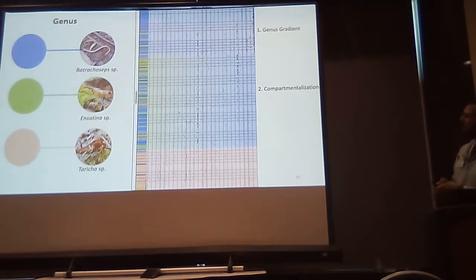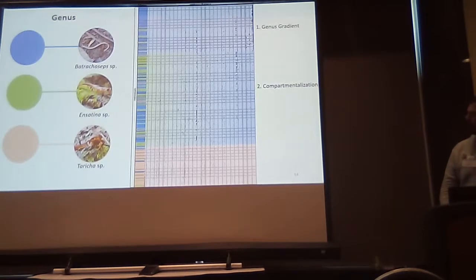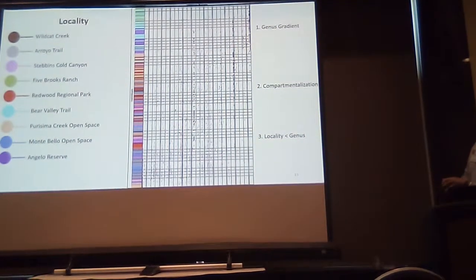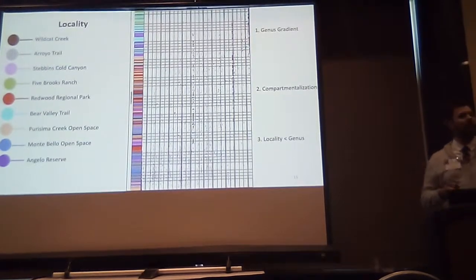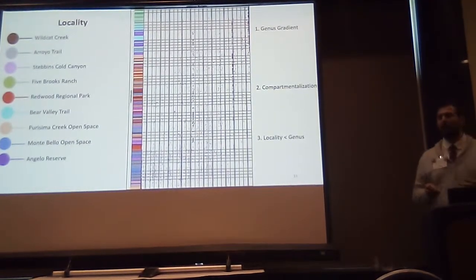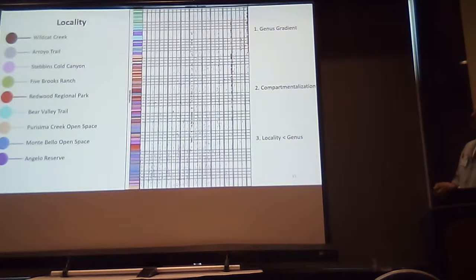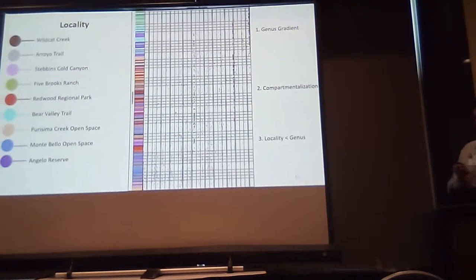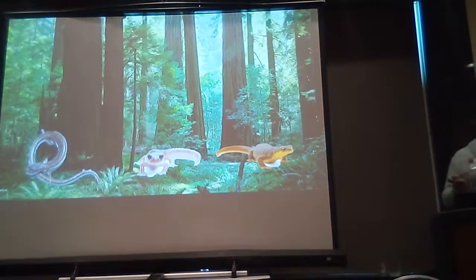And in addition, the third point is that if we color the rows now by where we sampled these salamanders, we do not have a very strong effect of location, right? You can see that the gradient we had before is gone, because locality seems not to be explaining the distribution. So what does this tell us?